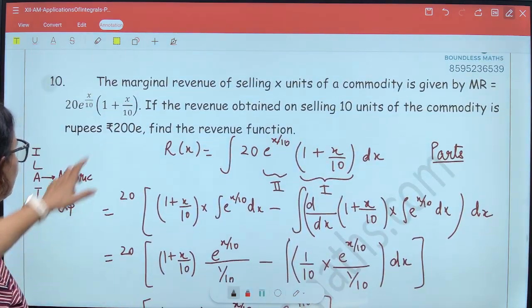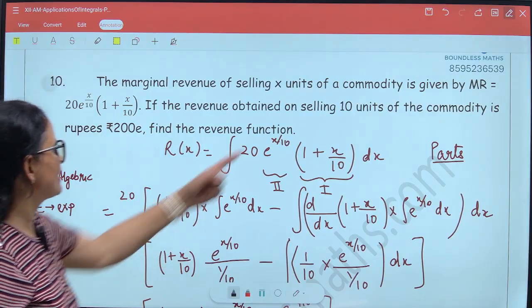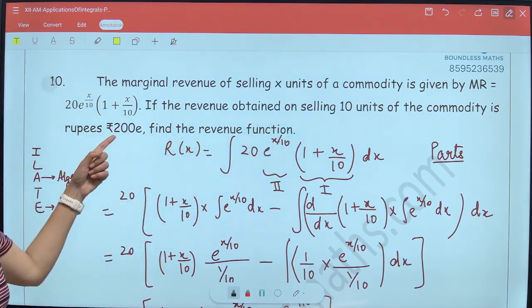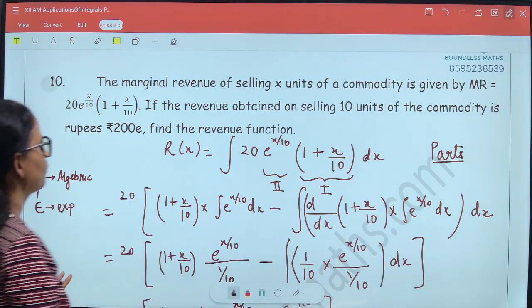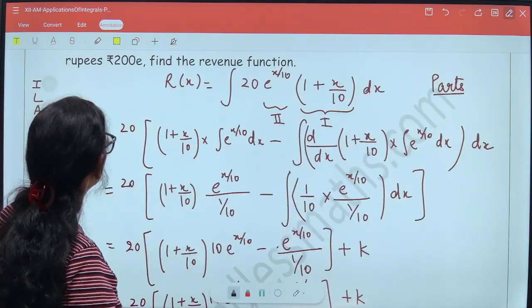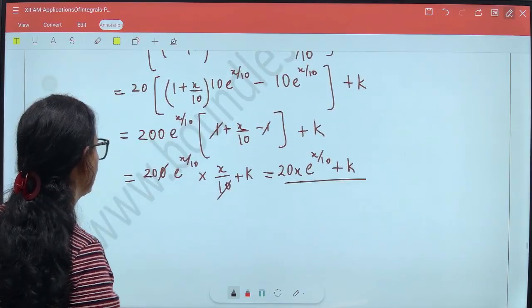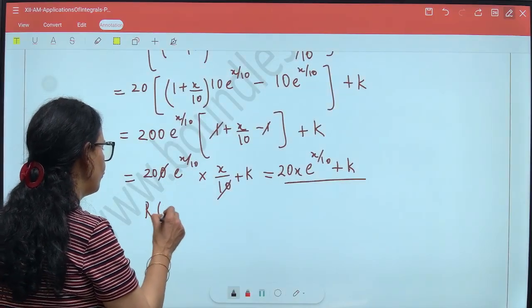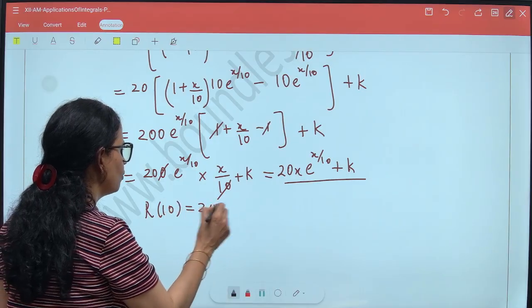Now additionally the question says if the revenue obtained on selling 10 units of the commodity is 200e. So let's put these values. The revenue for 10 units is 200e.